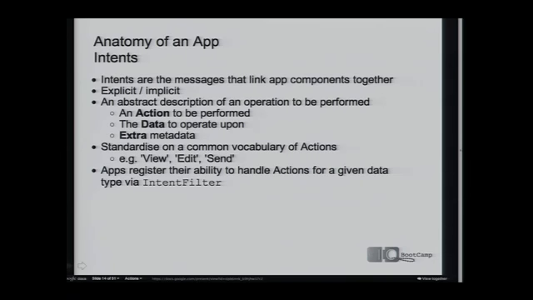A great example of this is photo sharing. If I write an application which can take photos and then share them, I could think about all the possible places I want to share that photo to. I could write in Facebook sharing, Twitter sharing, Buzz sharing. But more interestingly, I could just say I have this data of type photo, and the action I want to perform on it is share, and hand over to the system and say, hey, what's installed that can handle this intent?